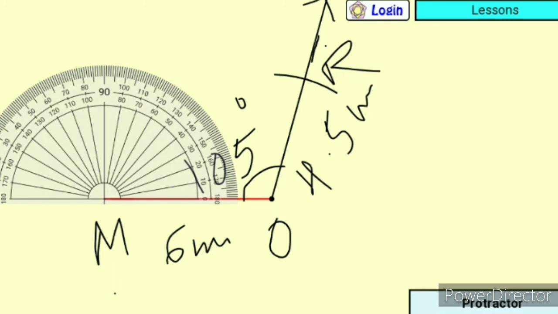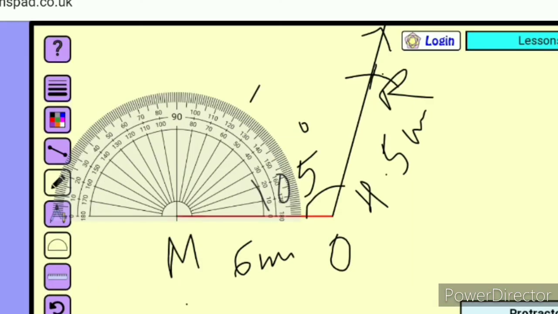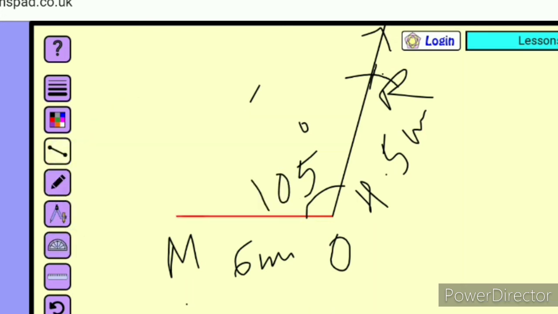It is on the right hand side of the protractor, so 0 shows the inner scale unit, not outer. So this 60 we should take. Got it? 60 degree, I mark here using the scale. Draw a ray.